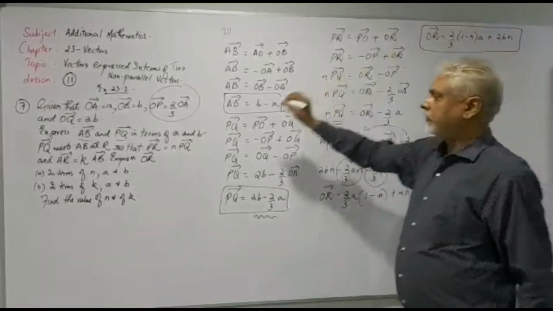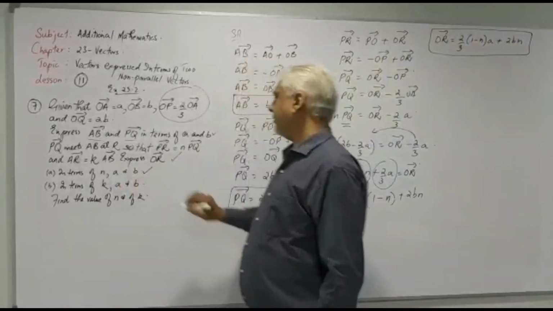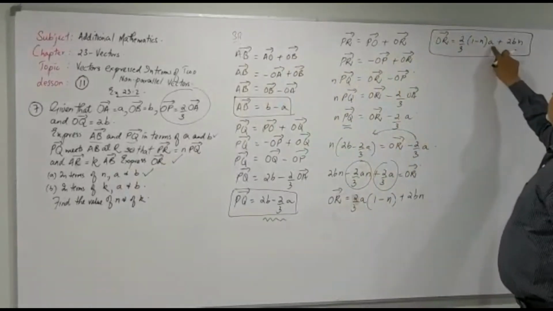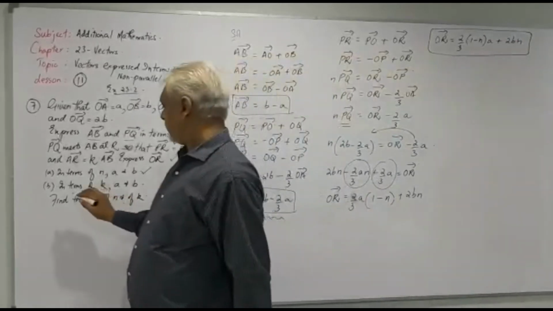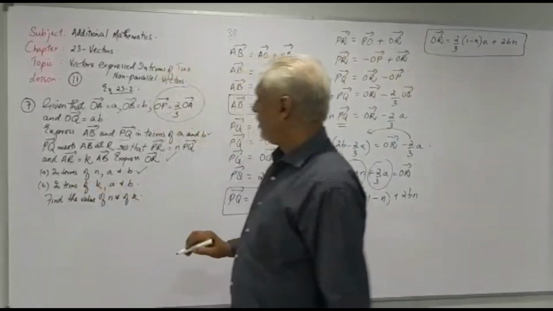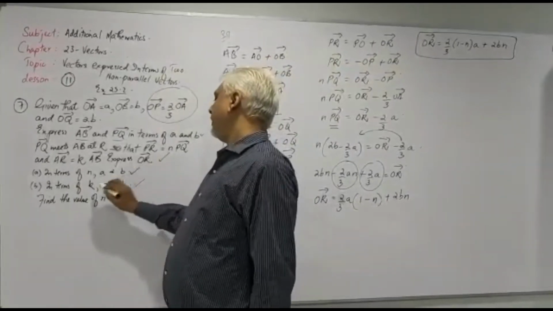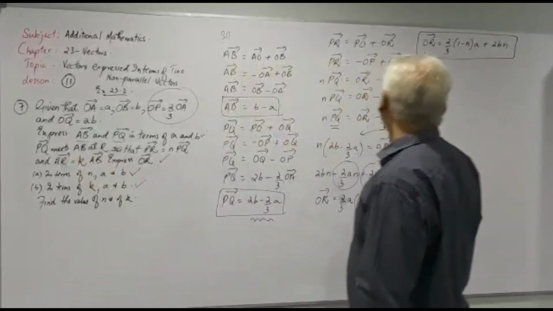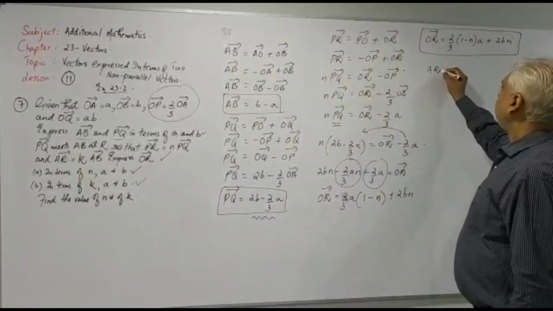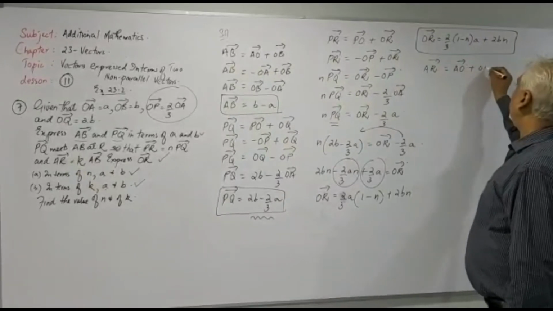Now we have found OR in terms of A, B and n. Now we also have to write this in terms of k, A and B. So we have that AR can be written as AO plus OR.